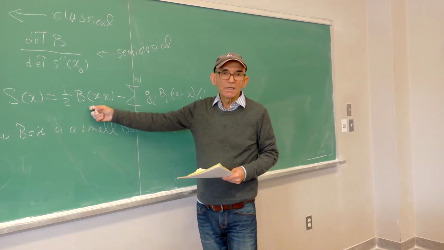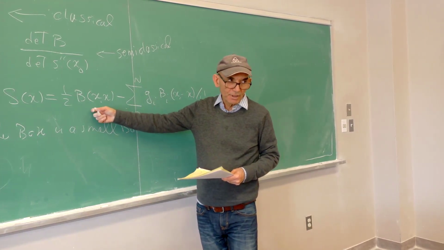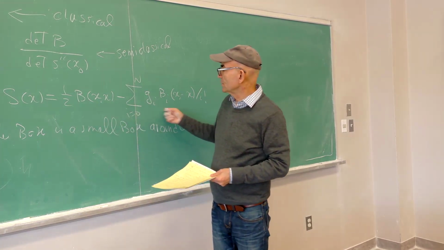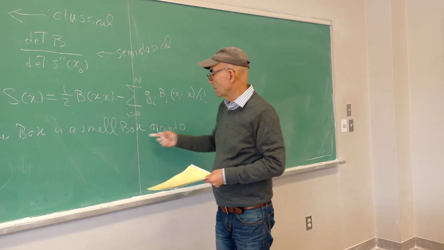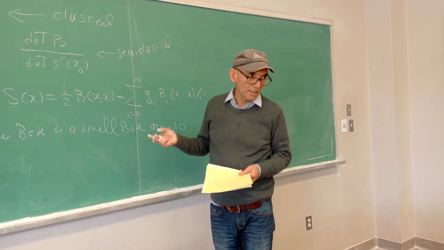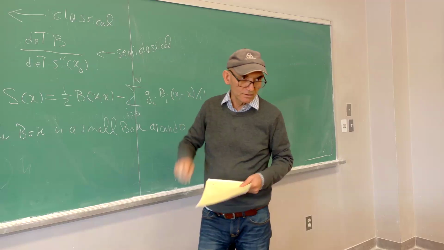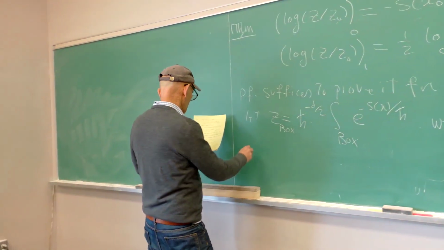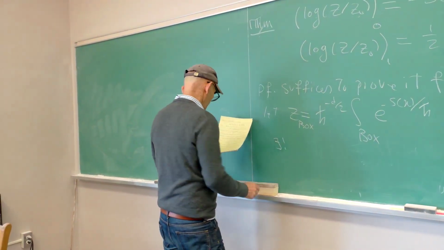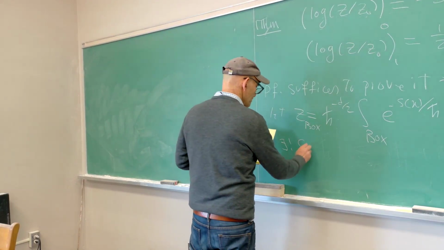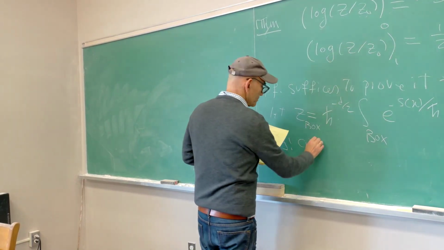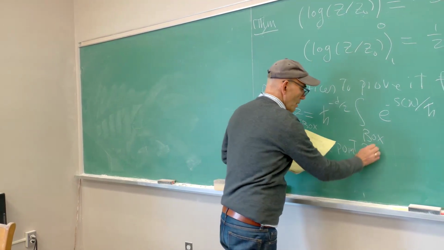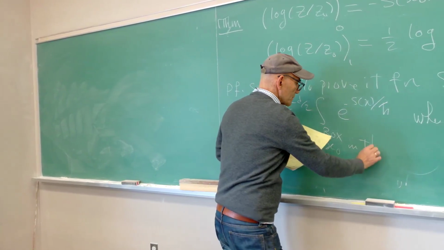Because the second derivative of this function is non-degenerate positive definite, this is a perturbation of the quadratic. So you can convince yourself that there is a unique critical point inside this box. That's not difficult to see. So there exists a unique critical point in this box, which we call x0.